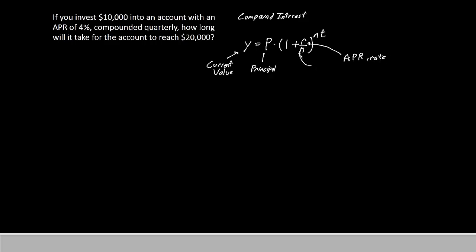The N on the bottom here, and here in the exponent, represents how often the account is compounded. And then T will be the amount of time that has passed.